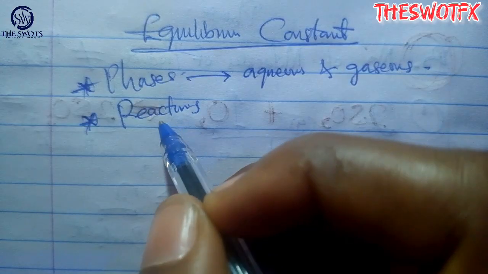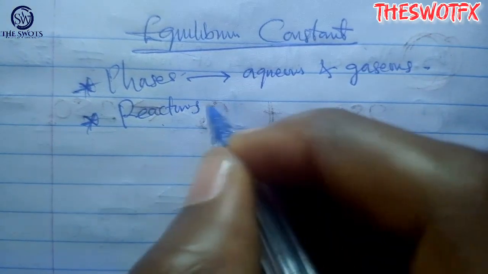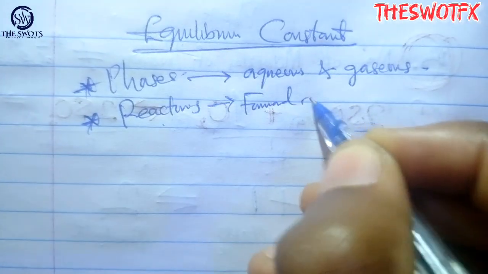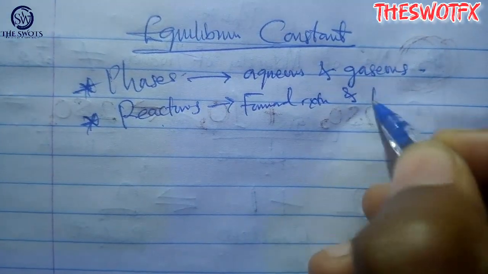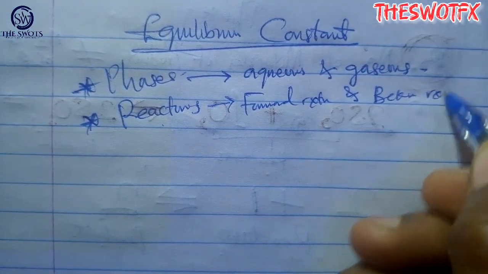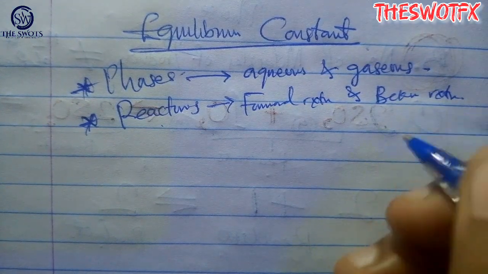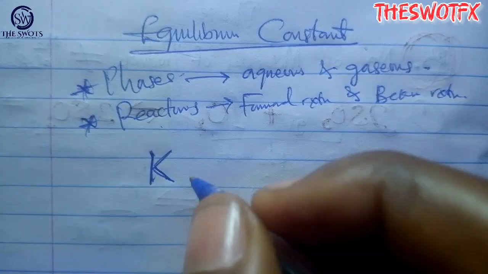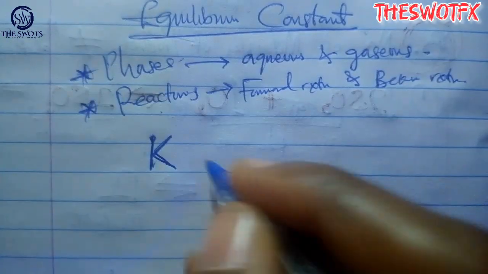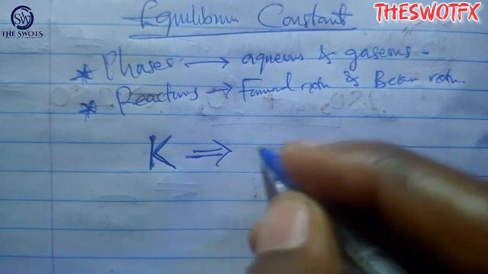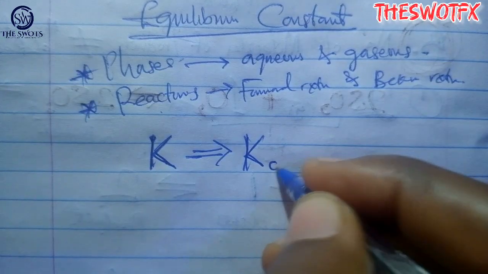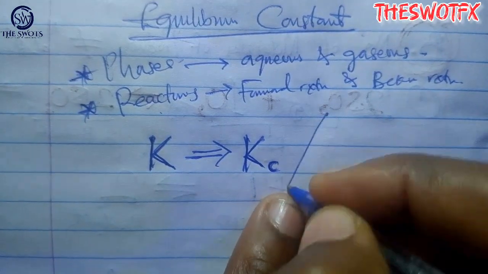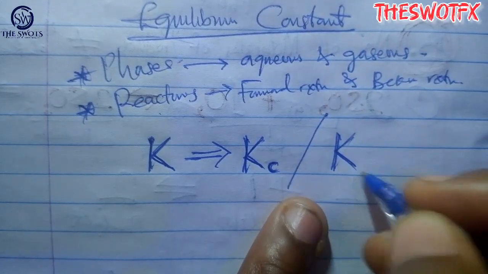Then, when it talks about the reaction, you are taking note of the forward reaction and the backward reaction. Are you getting it now? Equilibrium constant is denoted as K. It can be for the concentration constant, or we can have the pressure constant.